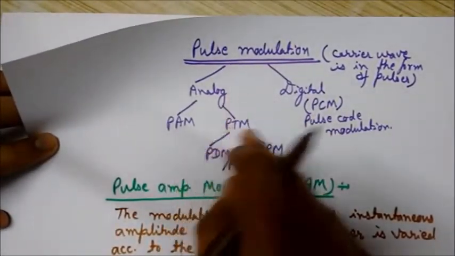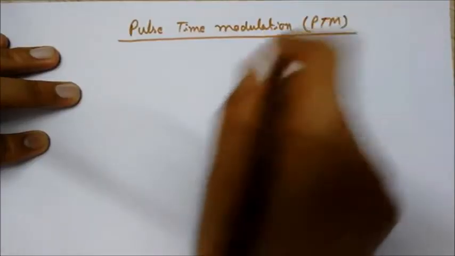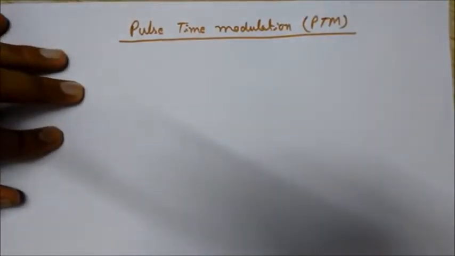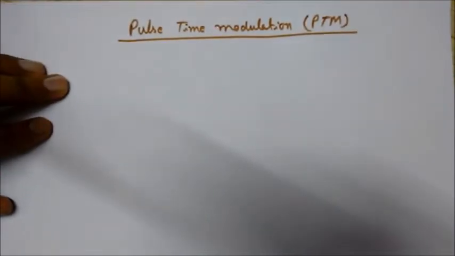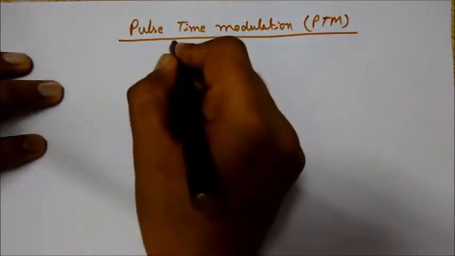These two types are of pulse time modulation. What is PTM? In pulse time modulation, the pulsed carrier wave is varied on the time axis, that is horizontally. The variation is horizontal.